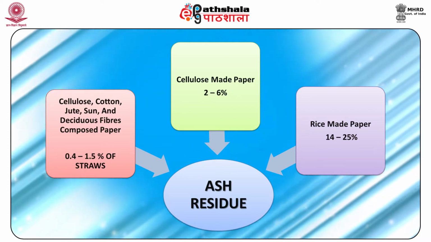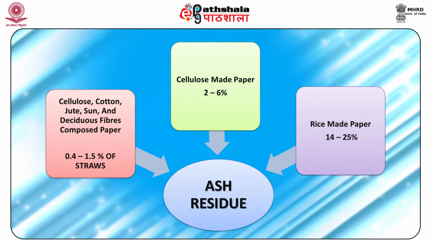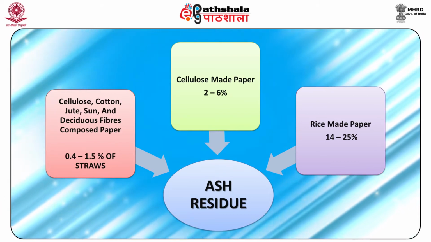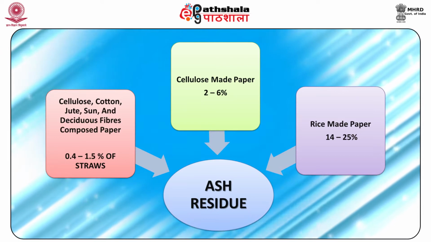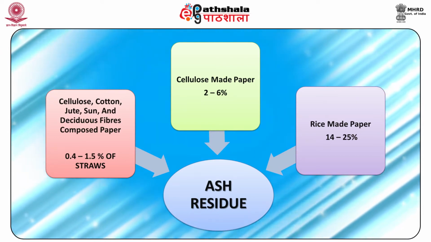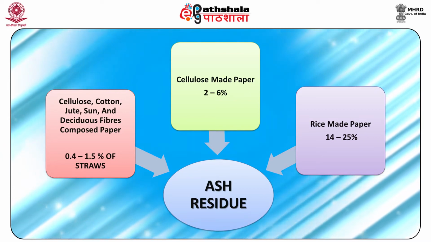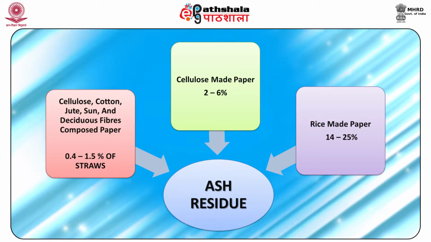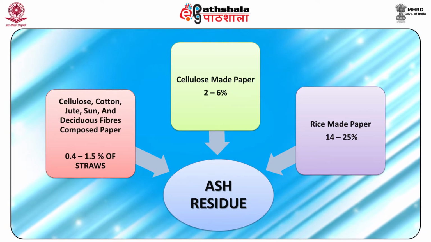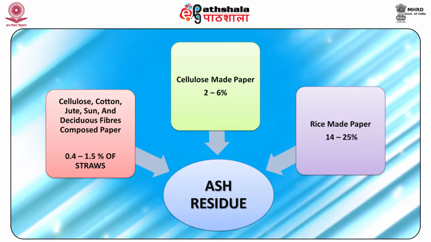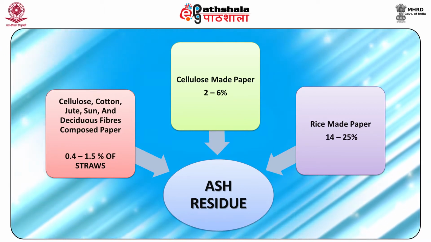Pulp of straws and cellulose-made paper have an ash residue of 2 to 6%, and for rice paper this weight is 14 to 15%. The papers which have a common origin may have a difference of up to 4.5%. The ash residue is mostly due to the presence of loading agents.